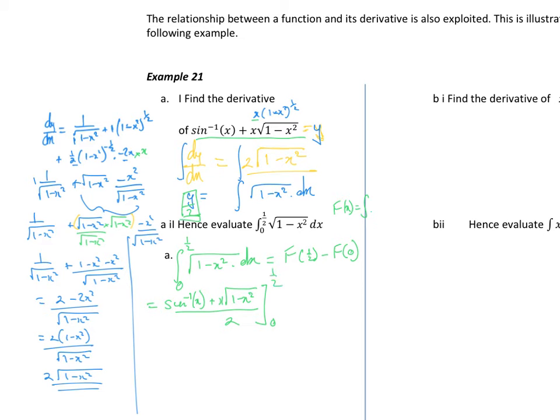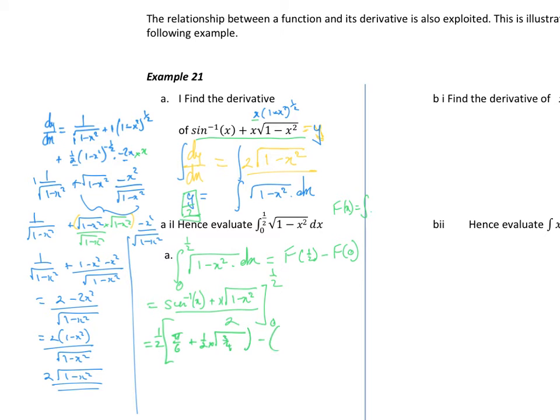0 and a half, which is equal to, we'll take the half out the front, and I get sine inverse of a half, which is pi on 6, plus a half times the square root of 1 minus a half squared, which is 1 minus a quarter, which is root 3 on 4.